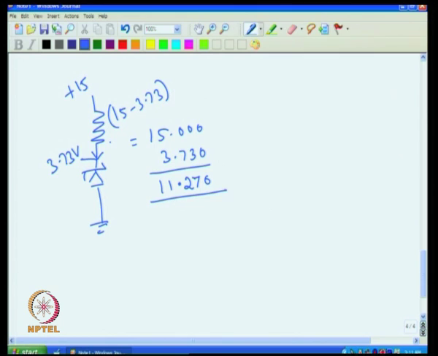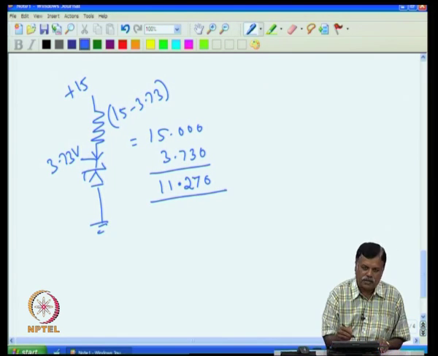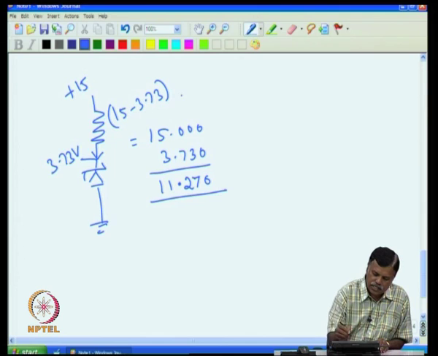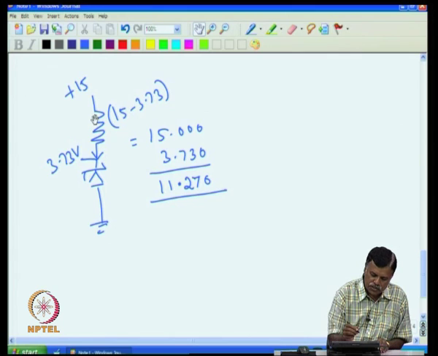I want to make sure at least 1 milliampere current flows. In this example, let me take 2 milliampere, because it can work from 1 milliampere to 10 milliampere. I will come back to why I have taken 2 milliampere. So, if I want to pass 2 milliampere current through this, then the voltage across this resistance in the worst case will be 11.27 volt.